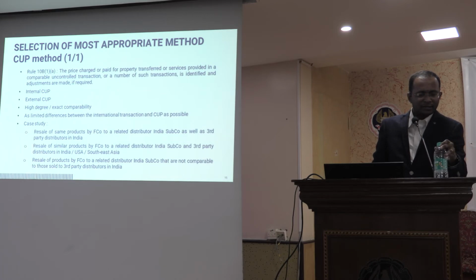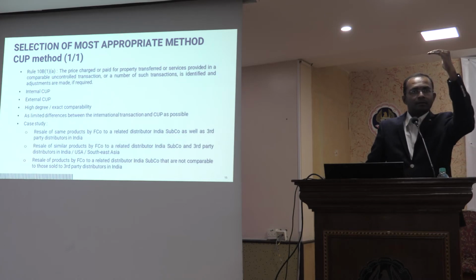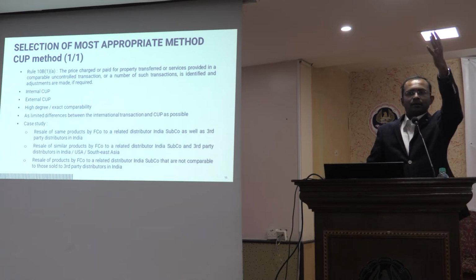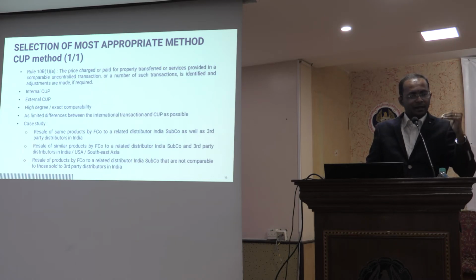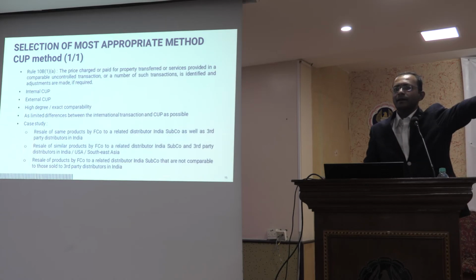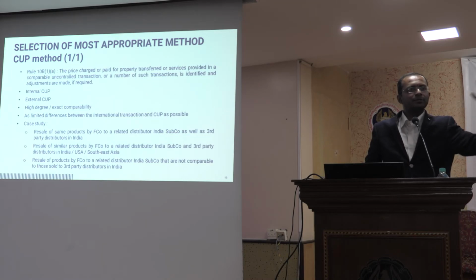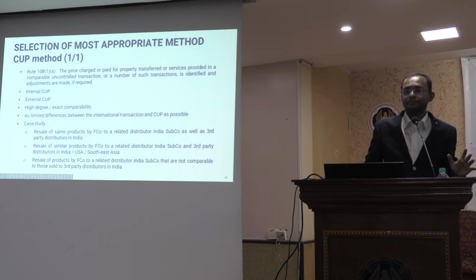Okay, so just to take the case of the connecting rods rocker arms case. India is manufacturing rocker arms and giving it to the parent company. Has India sold rocker arms to another unrelated entity? Has it sold? So that is the question we have to answer.